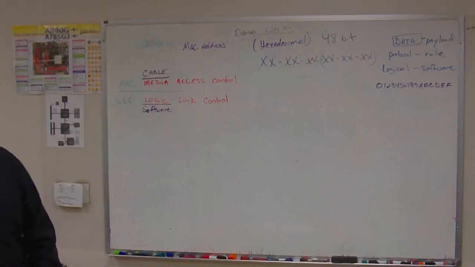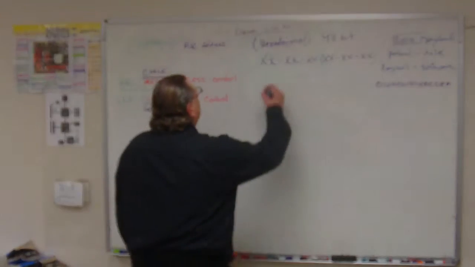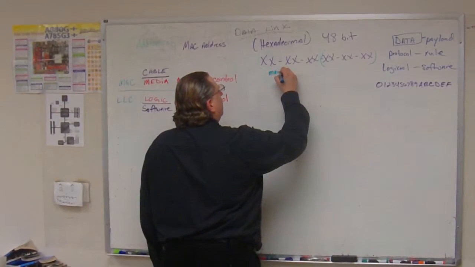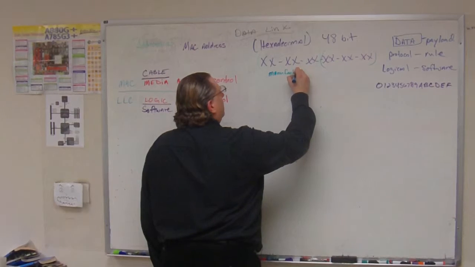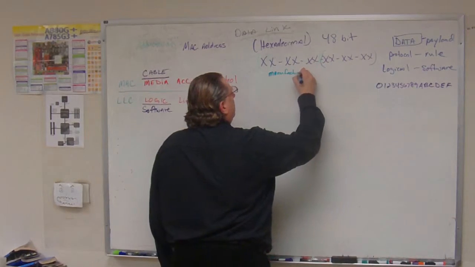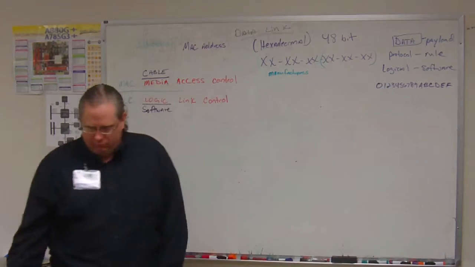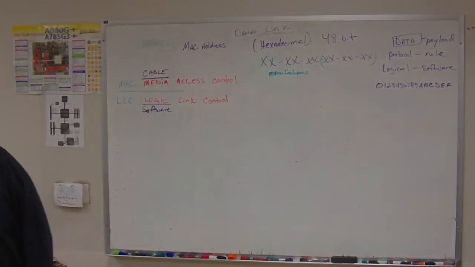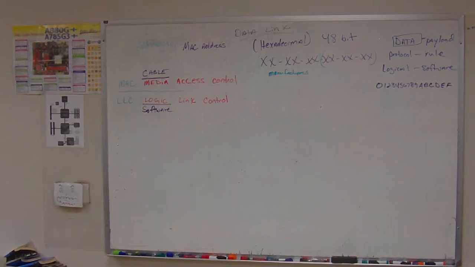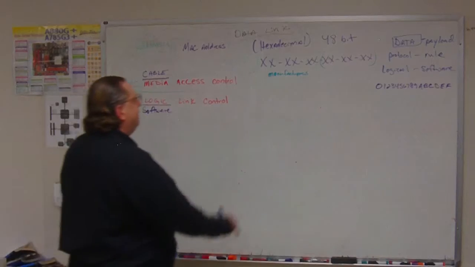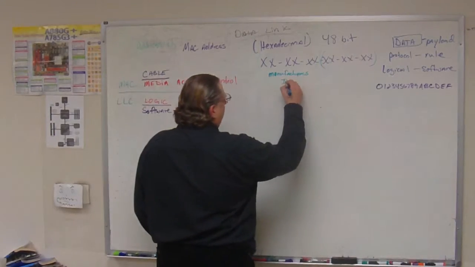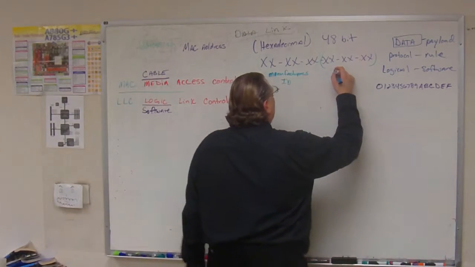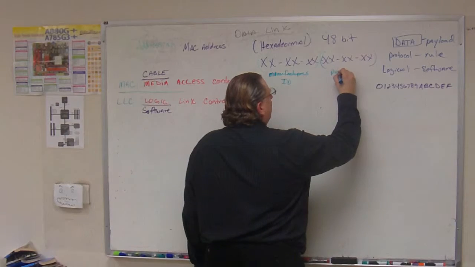The first half is the manufacturer's ID. I moved ahead. I had IP version 6 on the brain. The manufacturer's ID is the first half, so that's my mistake. And the second half is the product ID.